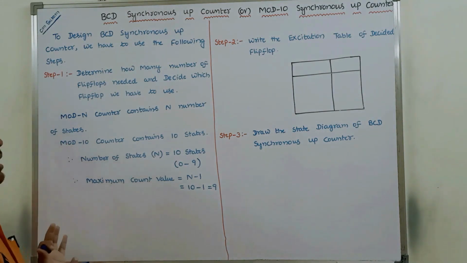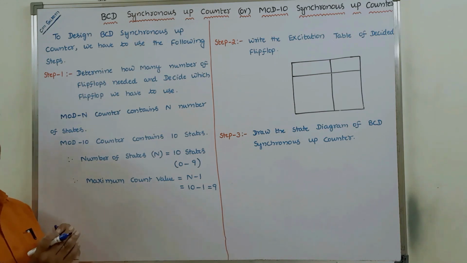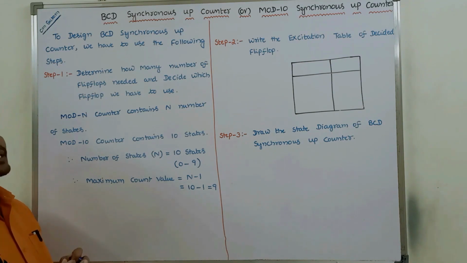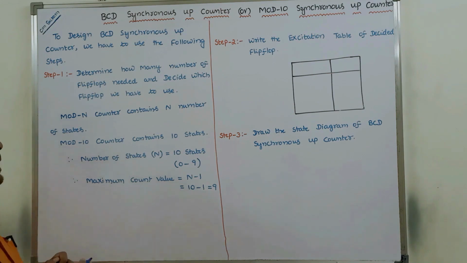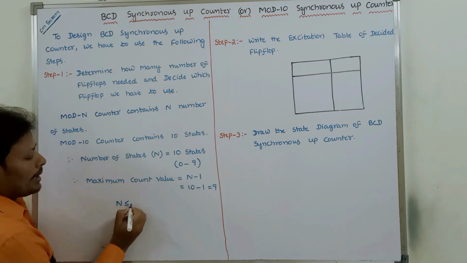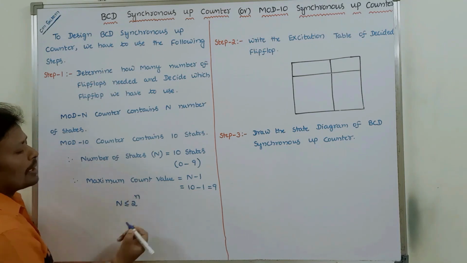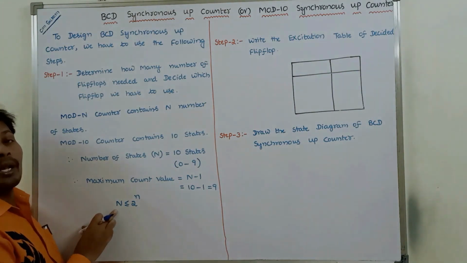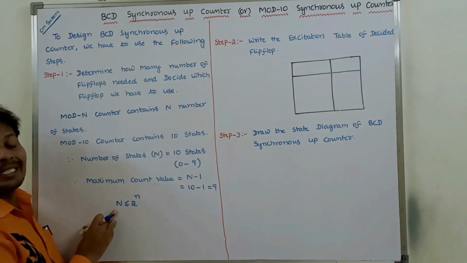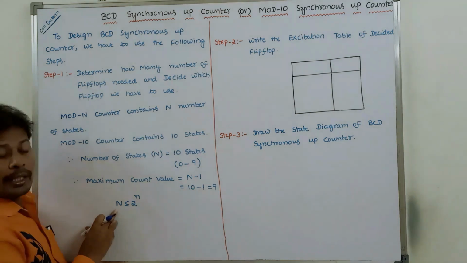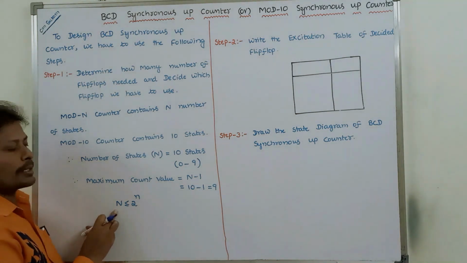Next, how many flip-flops are required to design this BCD Synchronous Up Counter or Mod 10 Synchronous Up Counter can be calculated by using this formula: capital N less than or equal to 2 power small n, where capital N is the number of states present in the Mod 10 Synchronous Up Counter.